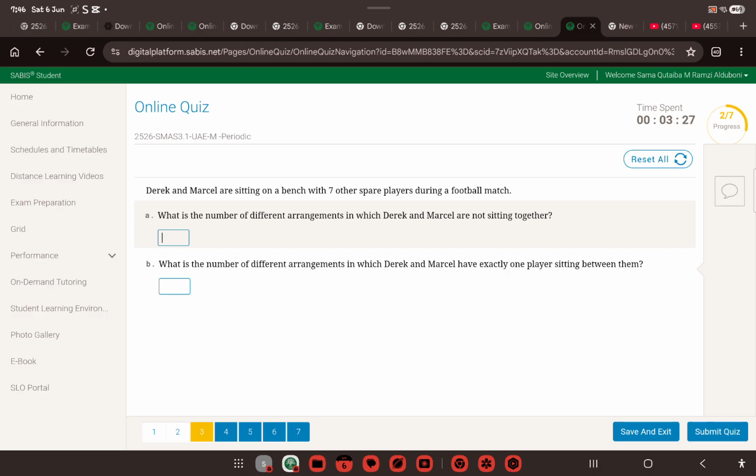Derek and Marcel are sitting on a bench with 7 other spare players during the football match. So in total, there's 9 people. What is the number of different arrangements in which Derek and Marcel are not sitting together? We need to find them all together, which is 9 factorial, minus Derek and Marcel sitting together. If they were sitting together, we can use the formula 2 times n minus 1 factorial, 2 times since Derek and Marcel are 2 different people.